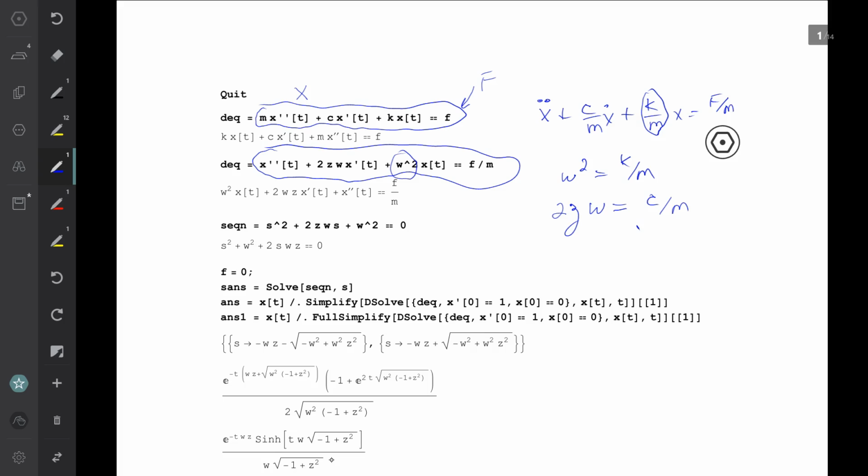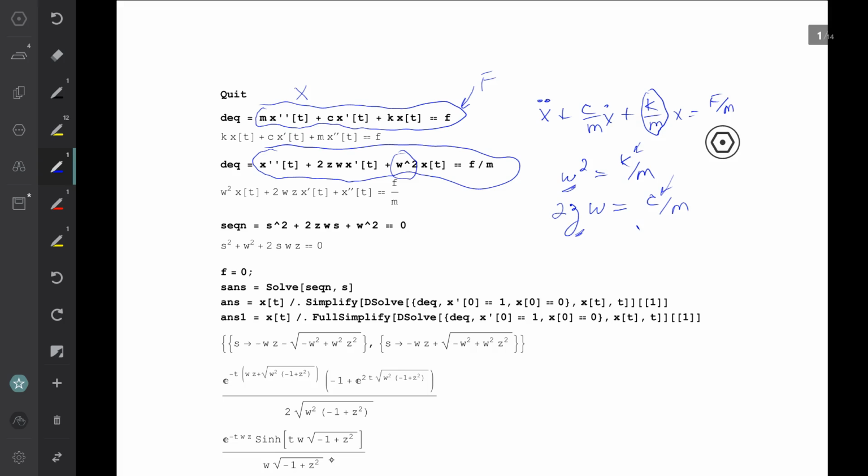And on an exam, I would expect you to be able to go from, if you know k and m, you can get w and z. If you know w and z, you can get the k and the c, and vice versa, in whatever combination.